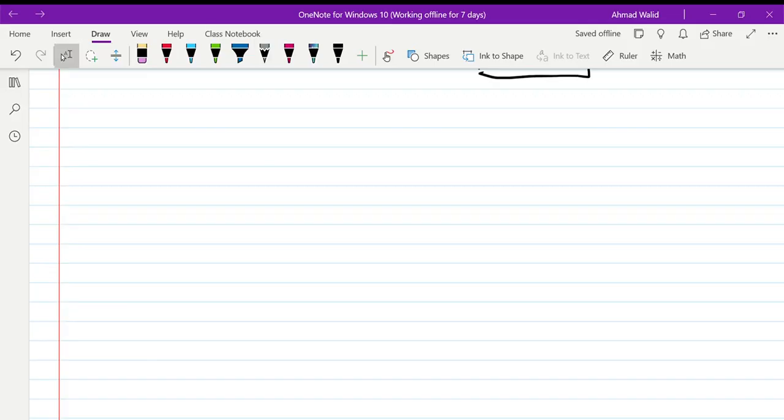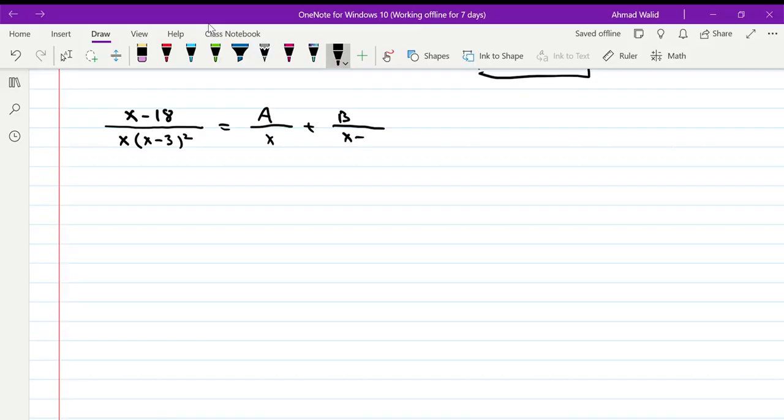Your equation in step 1 was x minus 18 over x times x minus 3 squared equals A over x plus B over x minus 3 plus C over x minus 3 squared.